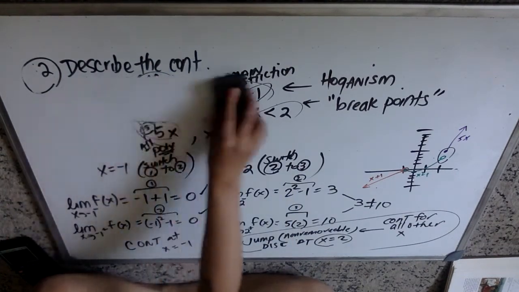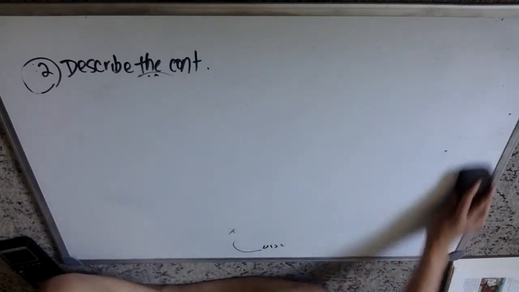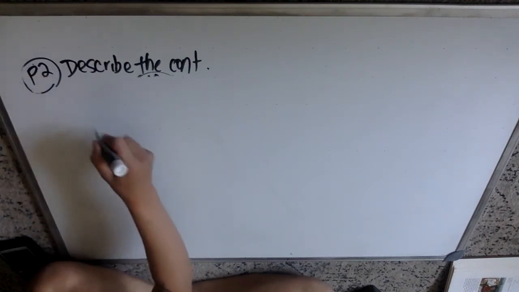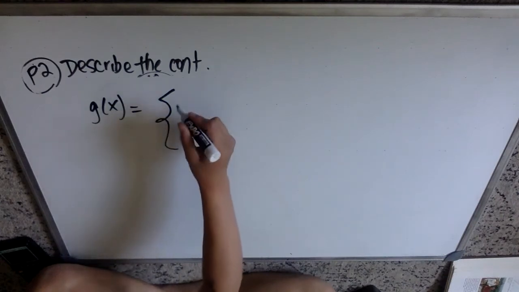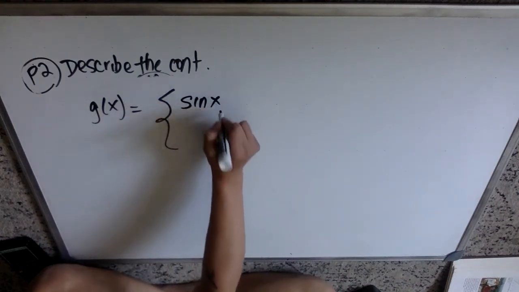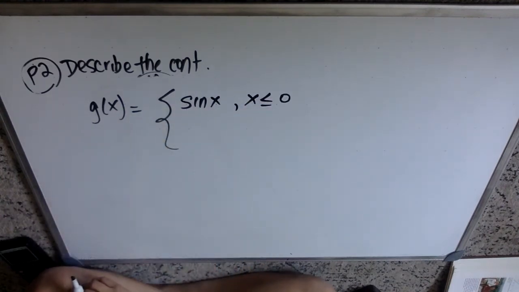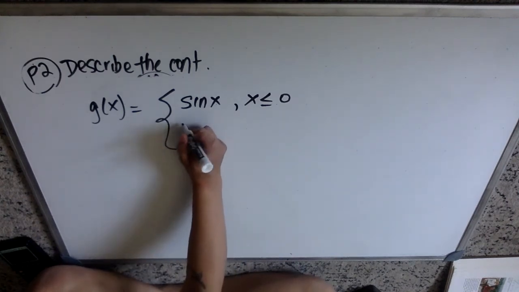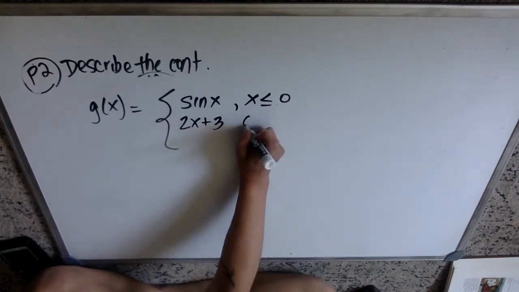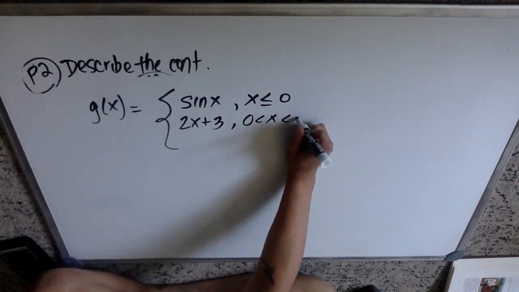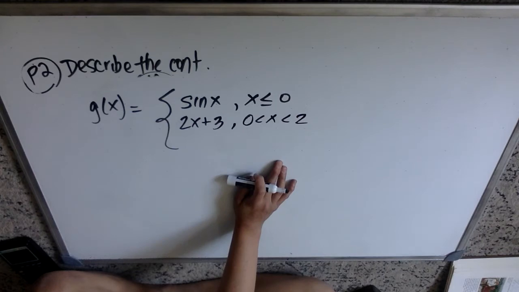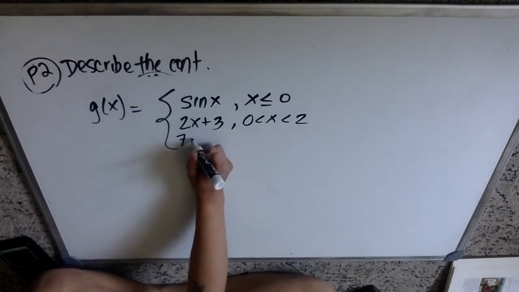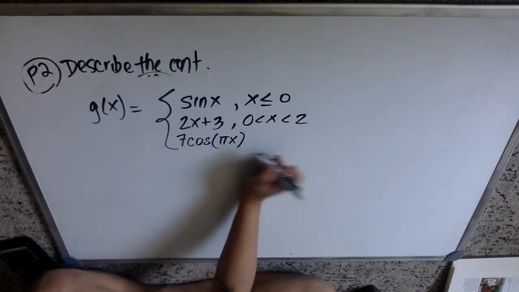So if we do a P2, where we describe the continuity, let's do g of x equals sine x for values less than or equal to 0, we'll do 2x plus 3 from 0 to 2, and we'll do cosine of pi x, because I figure I'll be a jerk and give you some trig.